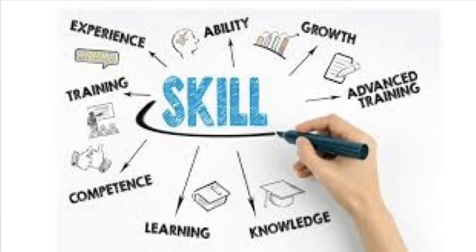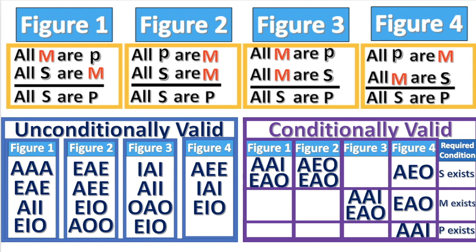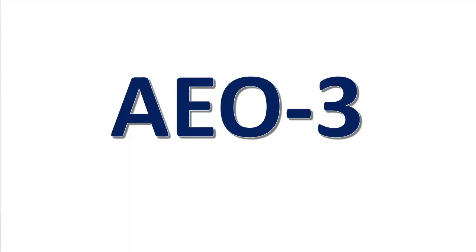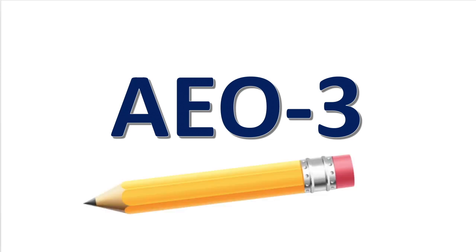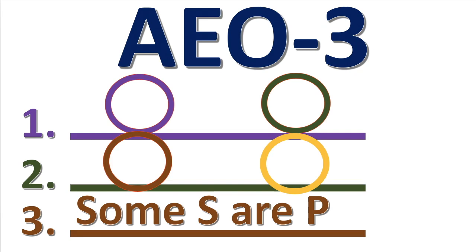Now, I want to ask you a question. Do you have the skills to reconstruct a categorical syllogism from just the mood and figure? If you're given the form AEO3, the first thing you do is write the conclusion, symbolizing the subject with the letter S and the predicate with the letter P. Next, look at the figure to see where the middle term goes.